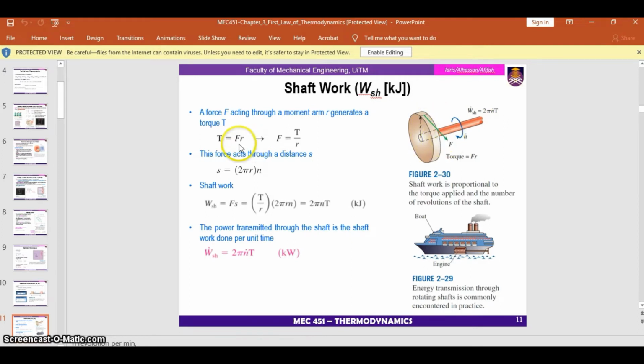The torque is force times distance. Using this formula, you can get the shaft work, and the unit is kilojoule. From the work, we can also get the power. That means work is equal to 2 pi n T with a dot over the W, which is defined as power.